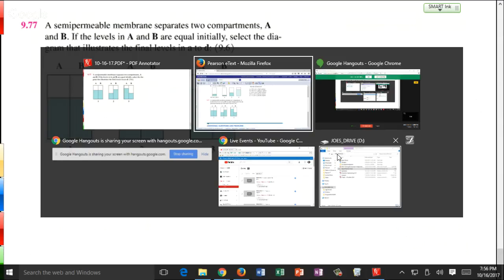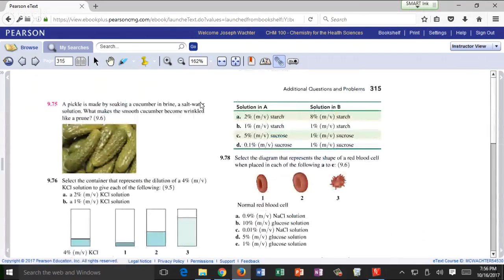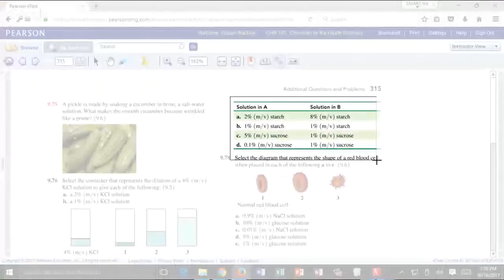All right, so we got another semi-permeable membrane. I'll jump right back to it, but I have to grab this table also.